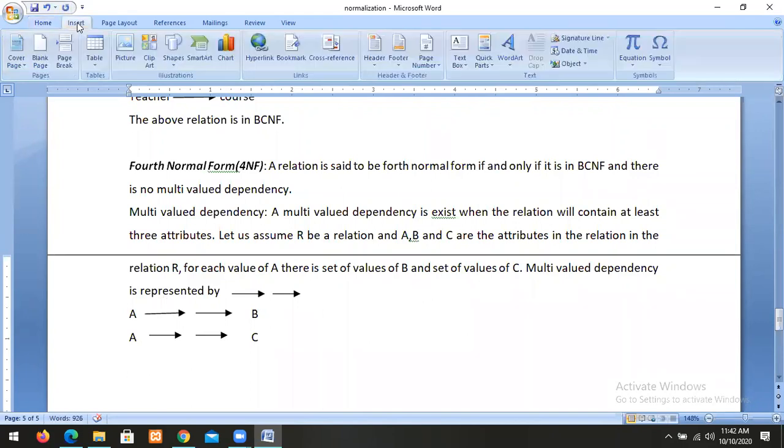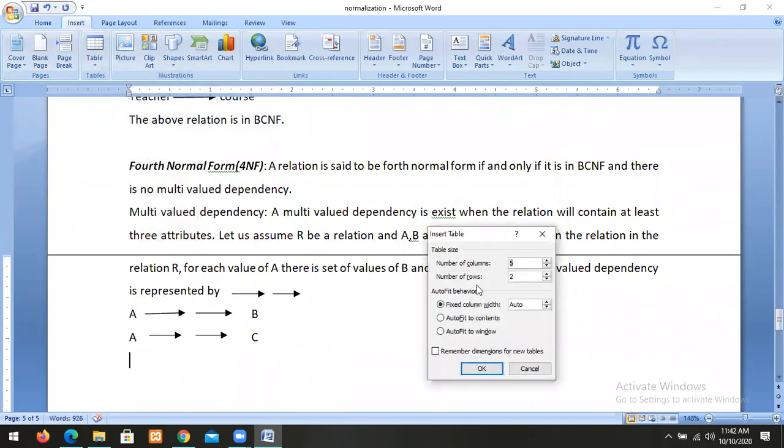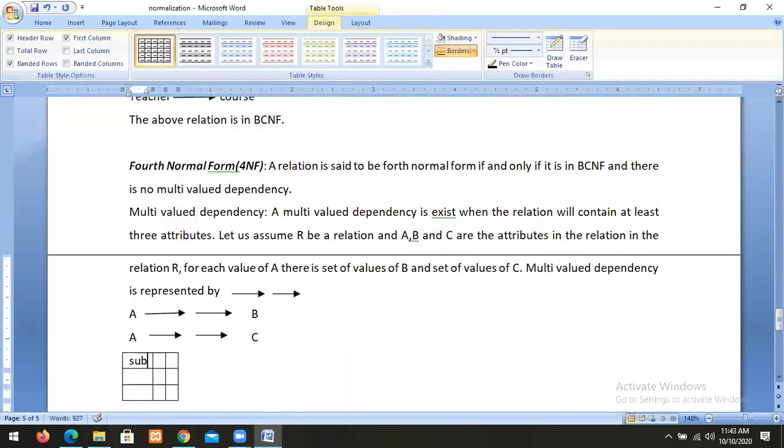For example, I will take subject, teacher, text. For example, if you take the subject DBMS, this subject will be taught by different teachers.